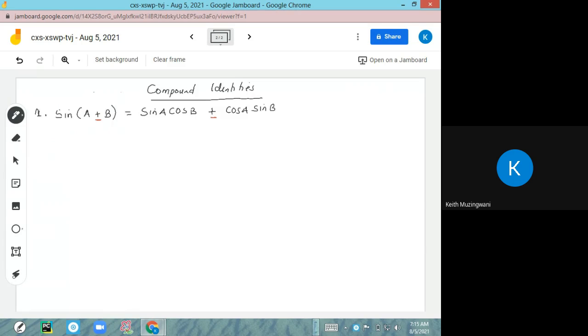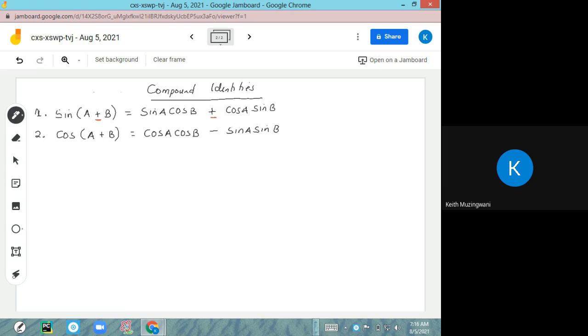And then 2, if you are dealing with cosine A plus B, for cosine, you expand in this form: cos A cos B minus sine A sine B. Cosine switches.